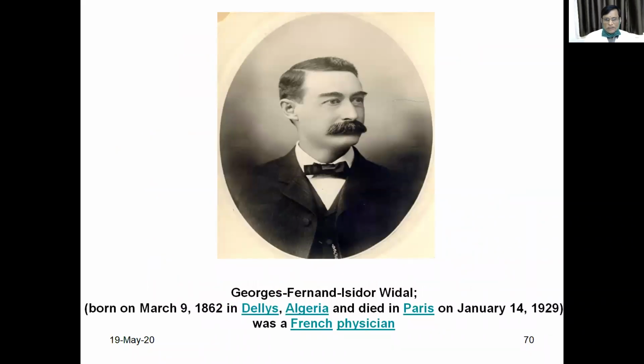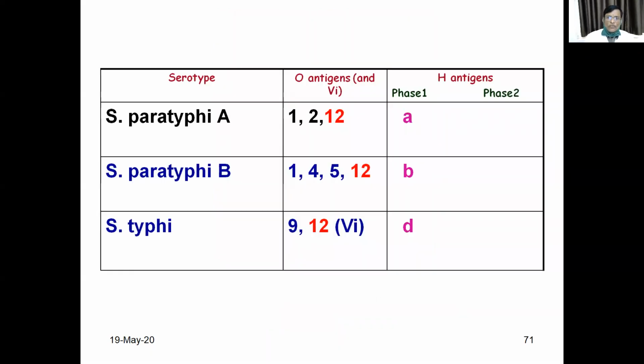Georges Fernand Isidore Widal is responsible for making this test available for the diagnosis of enteric fevers. Now you can see the Kauffmann-White scheme. Paratyphi A has O antigens 1, 2, 12, Paratyphi B has 1, 4, 5, 12, and Salmonella Typhi has 9 and 12, including a Vi antigen sometimes.